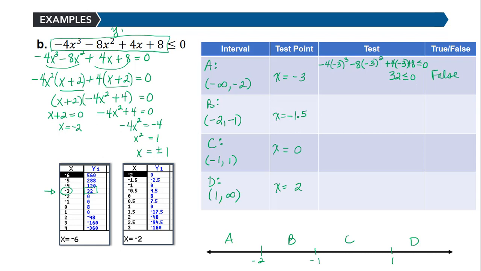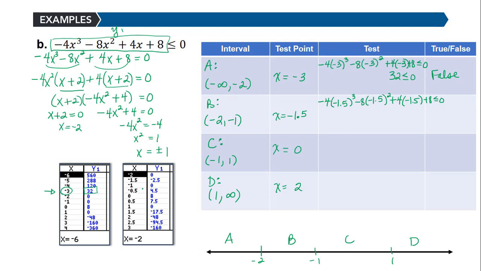And then we have to plug in negative 1.5 for region B. So I'd have negative 4 times negative 1.5 cubed minus 8 times negative 1.5 squared plus 4 times negative 1.5 plus 8. Is that less than or equal to 0?